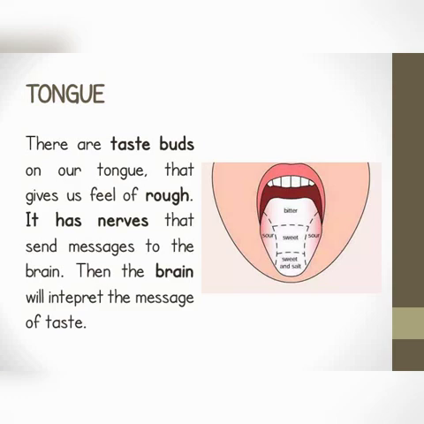If you feel that your tongue is rough, that's because the surface of our tongue has lots of taste buds. What's inside the taste buds? Inside a taste bud are nerves that send messages to the brain. Then the brain will interpret the message of the taste.